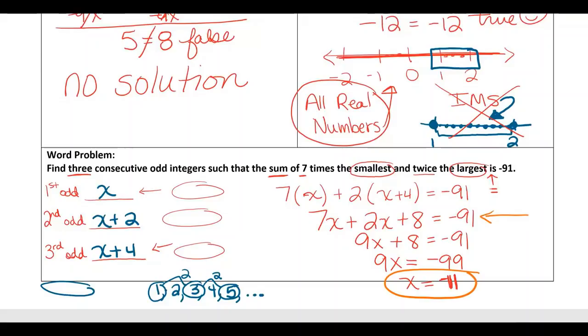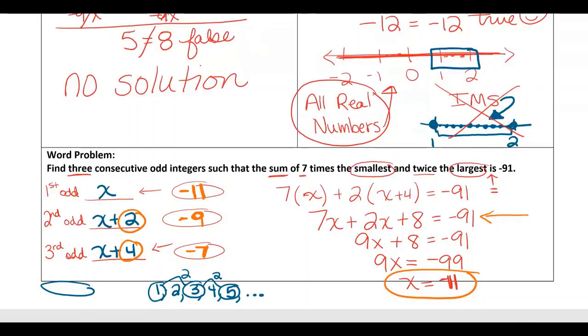I made it down to the answer as x is negative 11. That is an odd number. So our first odd number is negative 11. If I add 2 to negative 11, I get negative 9. If I add 4 to negative 11, I get negative 7.